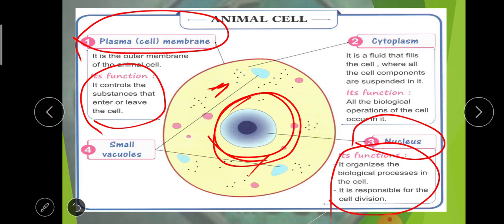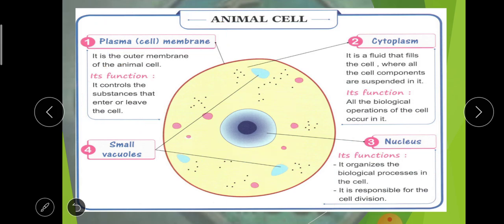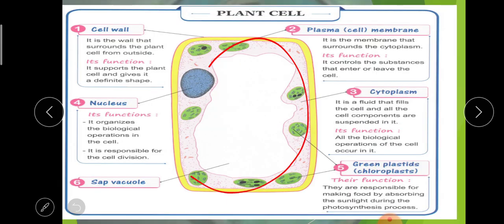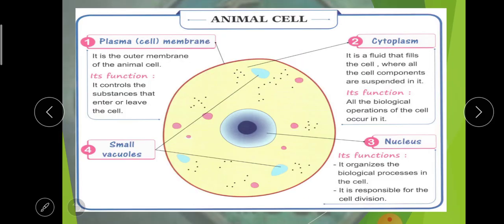In the animal cell there are small and many vacuoles, but in the plant cell it's only one big sap vacuole to store the food, because the plant makes its own food by photosynthesis through green plastids, but the animal cannot make its own food, so it doesn't have a sap vacuole.